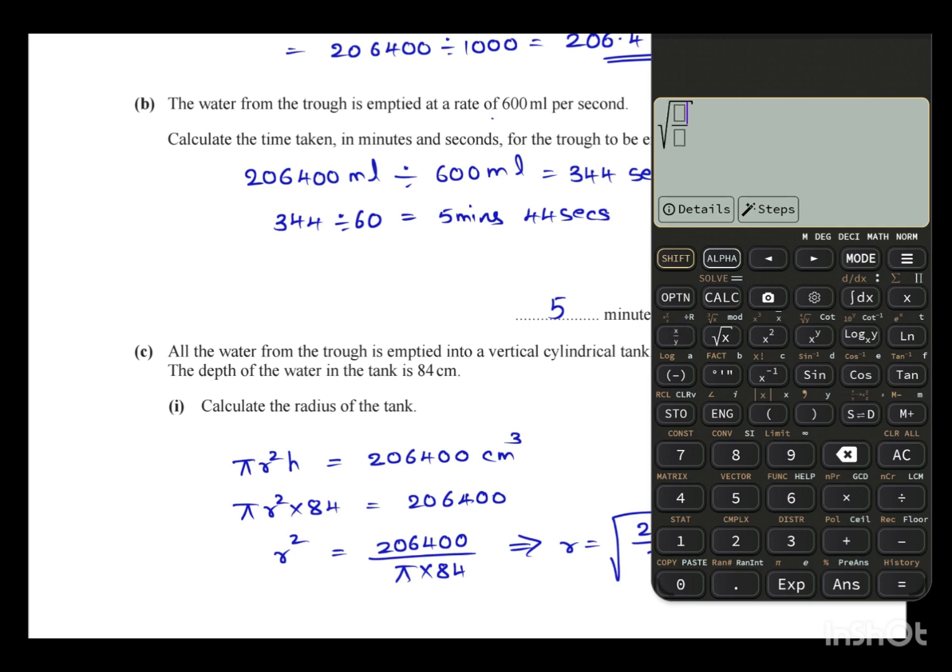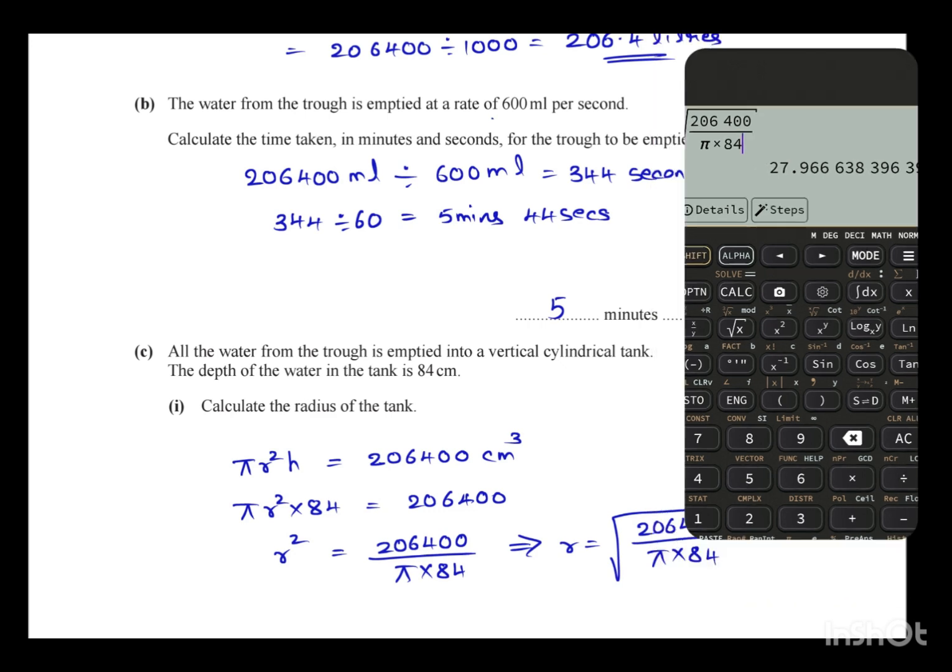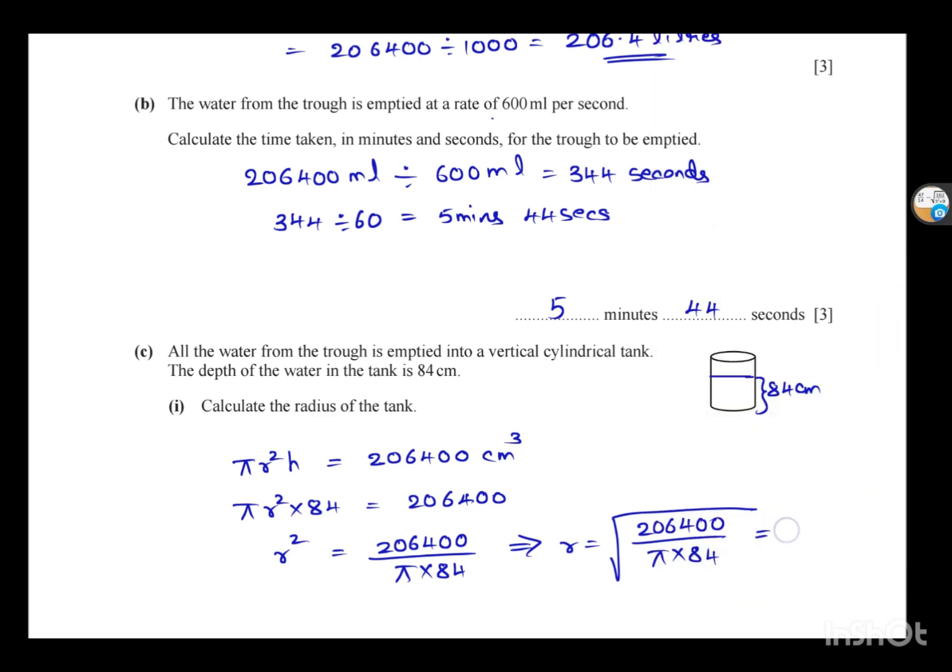Square root of 206,400 by pi into 84. We got 27.966638. That is equal to 27.966 centimeters.